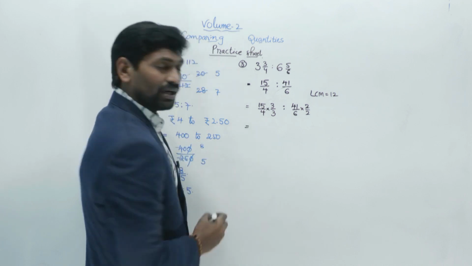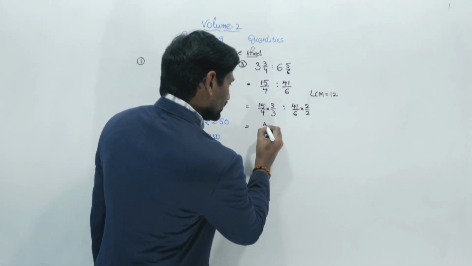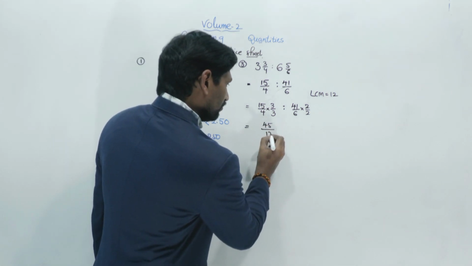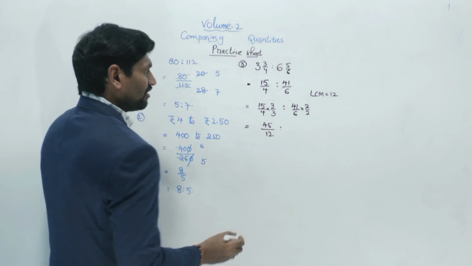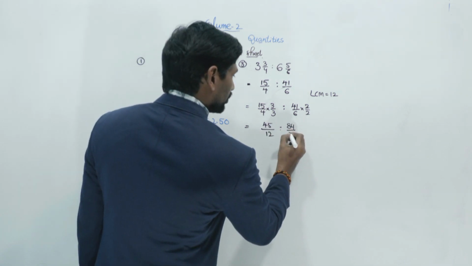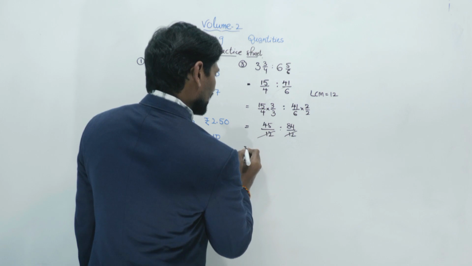Multiply numerators and denominators: 15 3s are 45 by 12 and 41 2s are 82 by 12. So both denominators cancel.